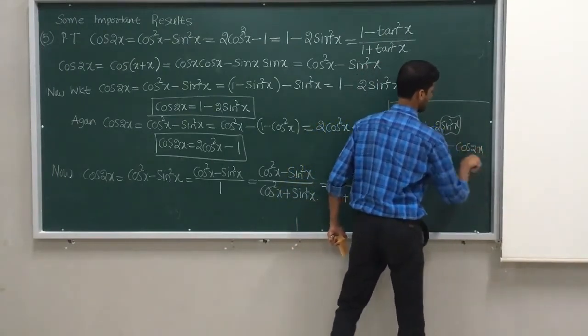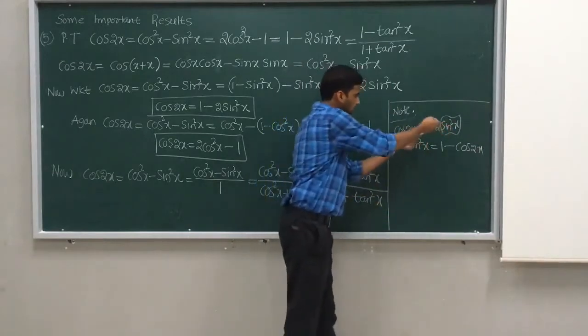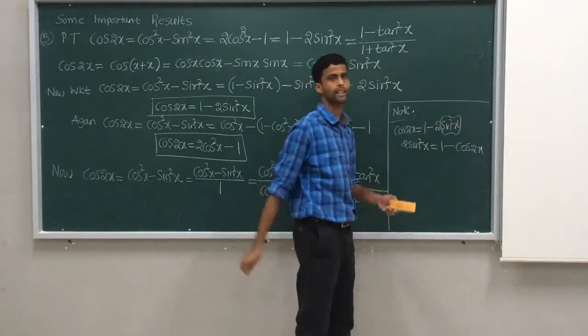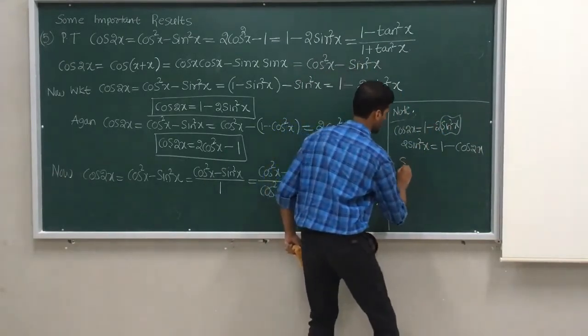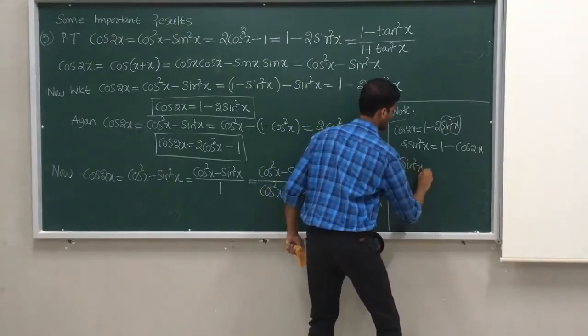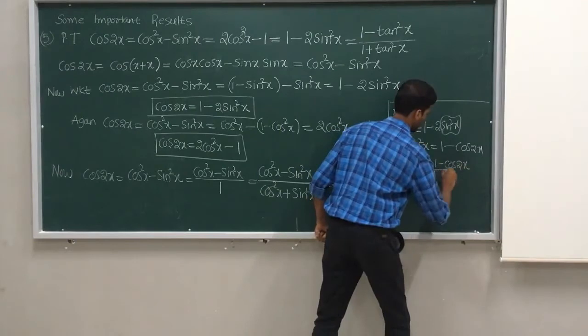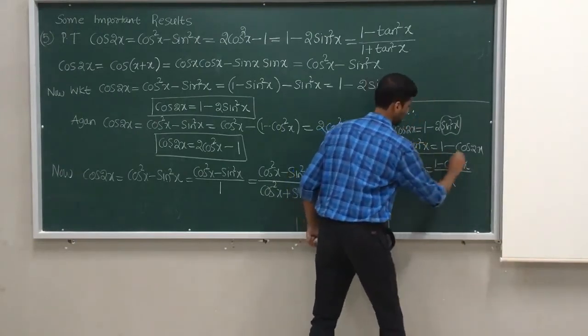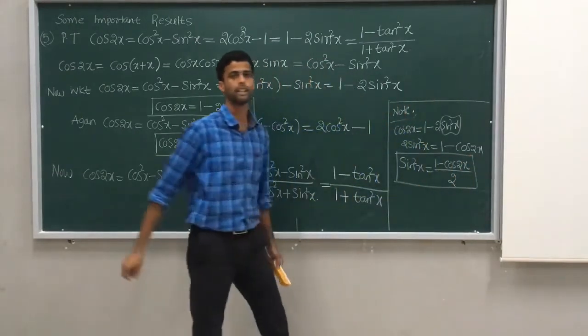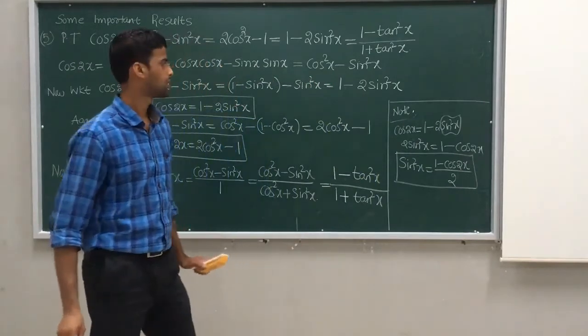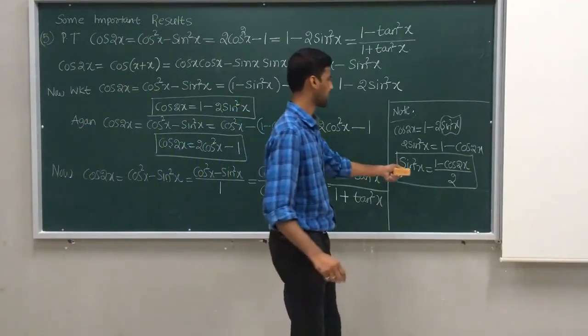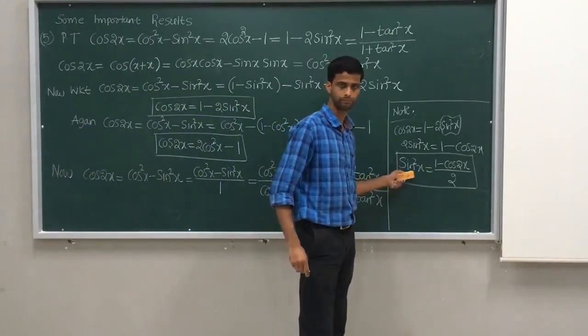Hope you understand. I brought 2 sin square x this side and sent cos 2x to the right hand side. Therefore, what is sin square x? The answer is 1 minus cos 2x upon 2. So this is the answer for sin square x. I will keep in mind this as a note, to bring the answer for sin square x.